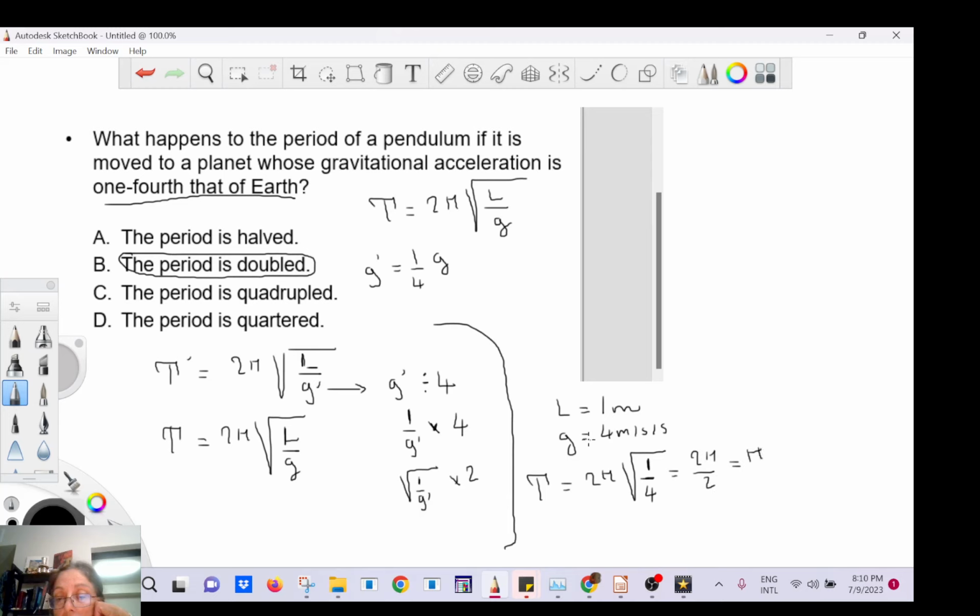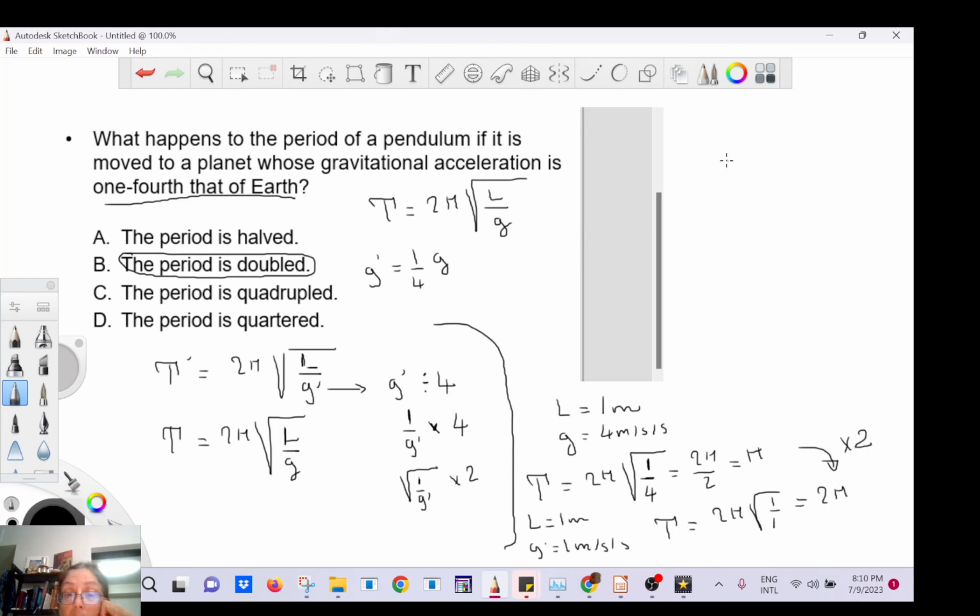Now, with the new G, L equals 1 meter, and G prime is divided by 4, so new is 1 meter per second squared. So the period will be 2 pi, and then 1 over 1, which is 2 pi. So the new one is multiplied by 2. You get the same thing.